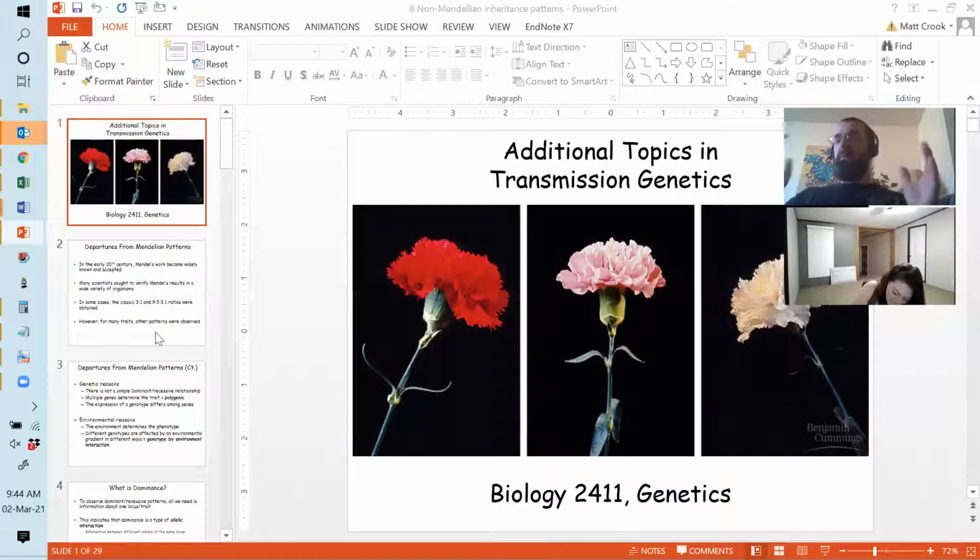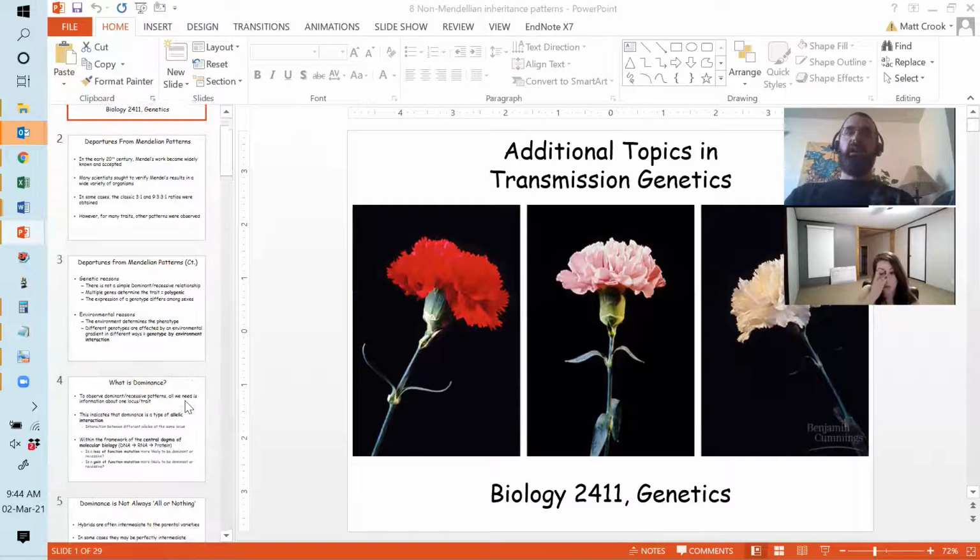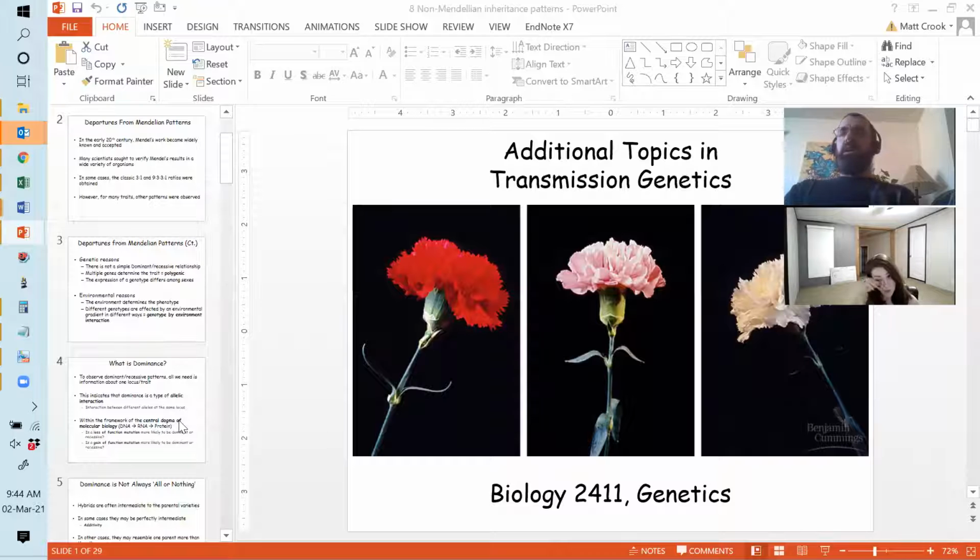Okay, so that's the big picture stuff, right? In terms of detail, we're going to deal with dominance first. And really, dominance is kind of making a statement about function, typically, right? So in terms of dominance, what we're talking about is something working properly, and there being enough of that something that you only need one functional copy of that gene to provide function, right?